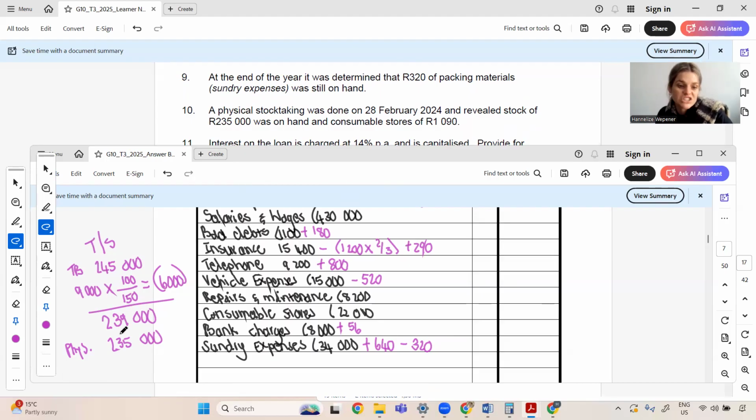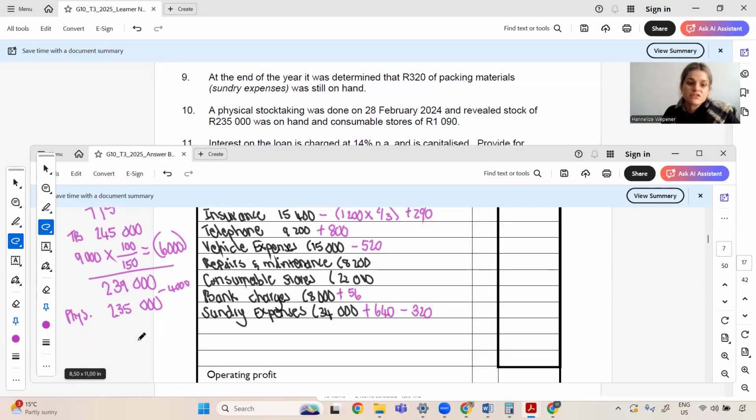So you need to adjust your trial balance figure to agree with your physical stock. So you need to decrease it by 4,000 Rand. So in other words, you have a trading stock deficit. You have less than what you thought you had. So trading stock deficit of 4,000.